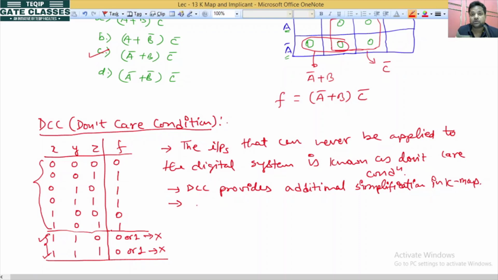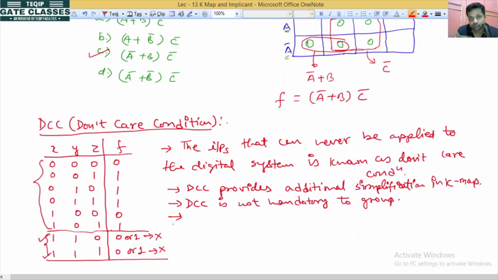And one more point is also there: DCC is not mandatory to group. We will group DCC only when it will simplify the function. Otherwise we don't allow DCC to group.